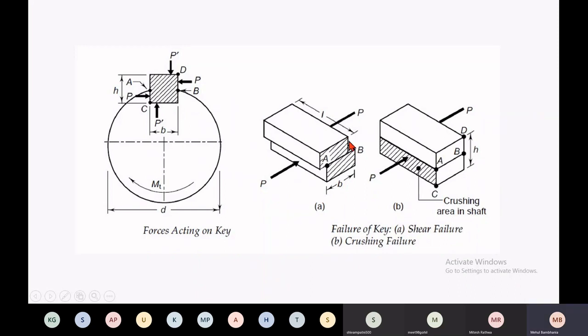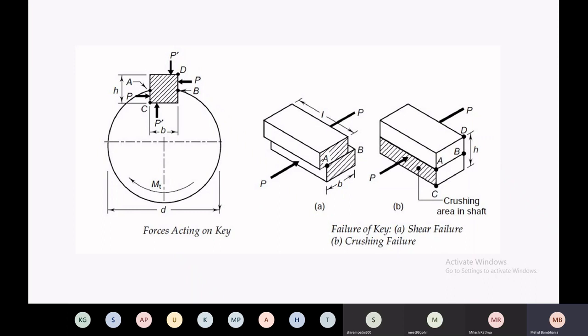Because of those two equal and opposite direction forces, within the layer of solid material it will experience the shearing action. What I already mentioned, what actually is shearing action? You can compare this shearing action with the viscous nature of fluid.